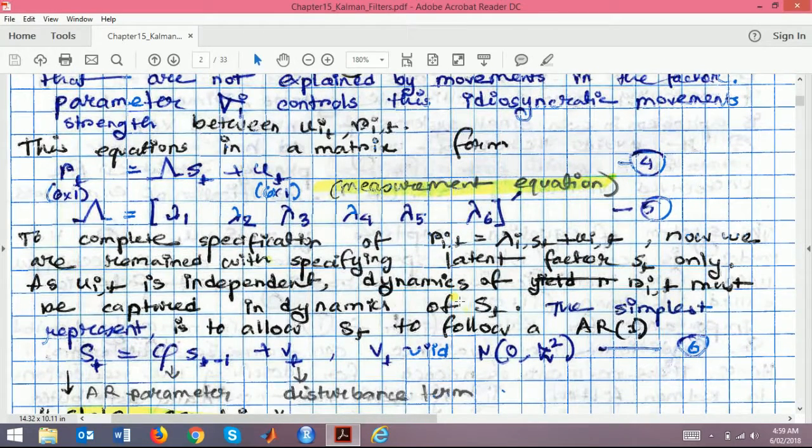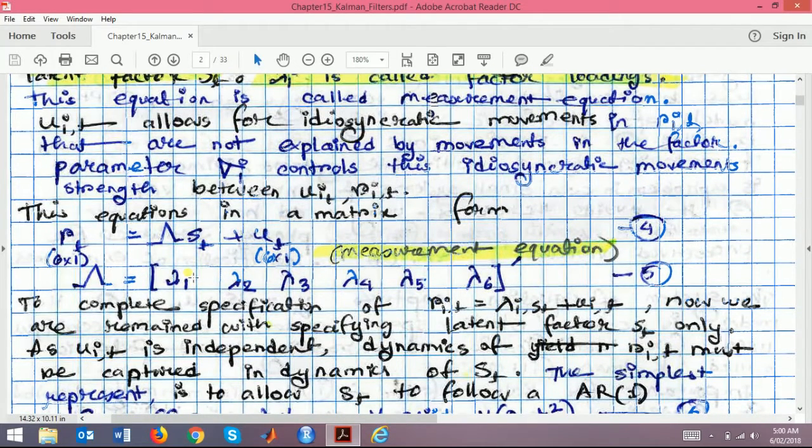To complete the specification of the interest rate equation, r_it = lambda_i s_t + u_it, we are now left with specifying the latent factor s_t only. As u_it is independent, the dynamics of the interest rate must be captured in the dynamics of the latent factor.